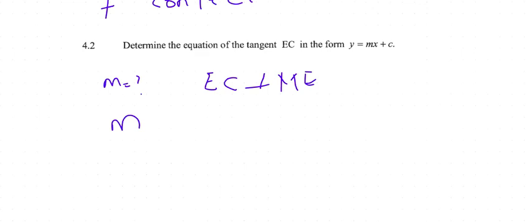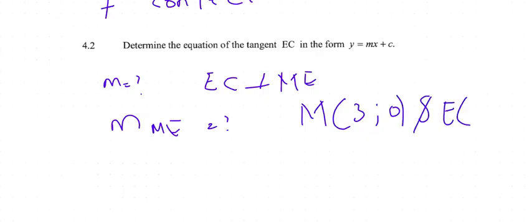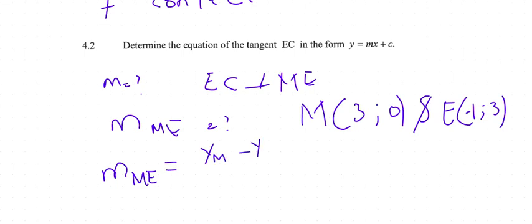So the coordinates we have: M is (3, 0), and E is (-1, 3). So the gradient of ME equals (YM minus YE) divided by (XM minus XE), which equals (0 minus 3) divided by (3 minus -1).